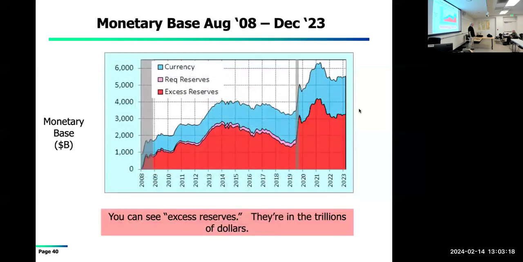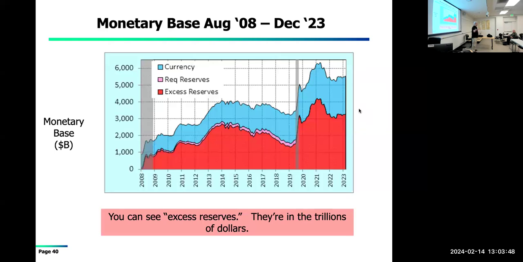And then what happened? We had this event called a financial panic that occurred because of the Lehman Brothers bankruptcy. And the Federal Reserve started to increase the money supply and the monetary base through its activities in the bond market, providing so much funding out there that the banks couldn't lend it out fast enough.